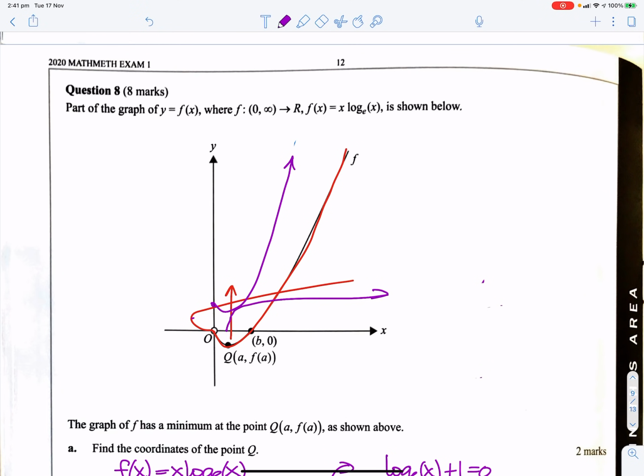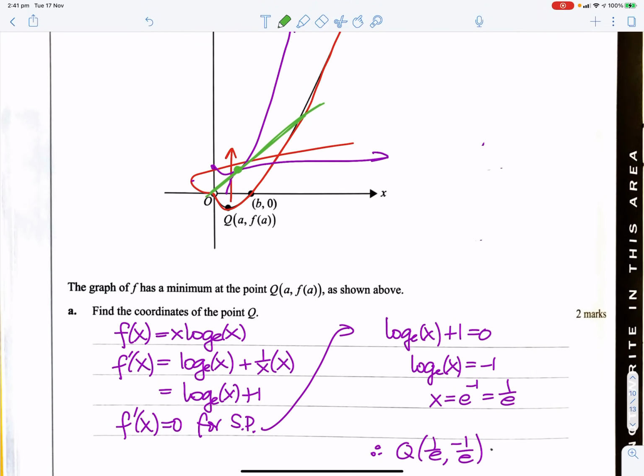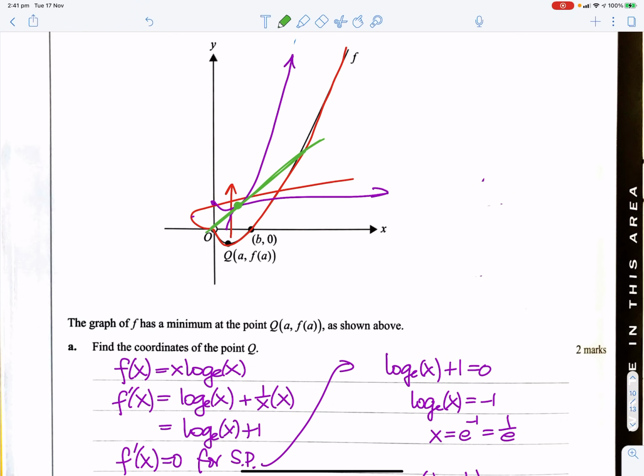And there's going to be one point where they intersect, and that's going to be on the line y equals x. So what we can do is say, when does this graph equal the graph of y equals x? Because that'll be where they intersect.